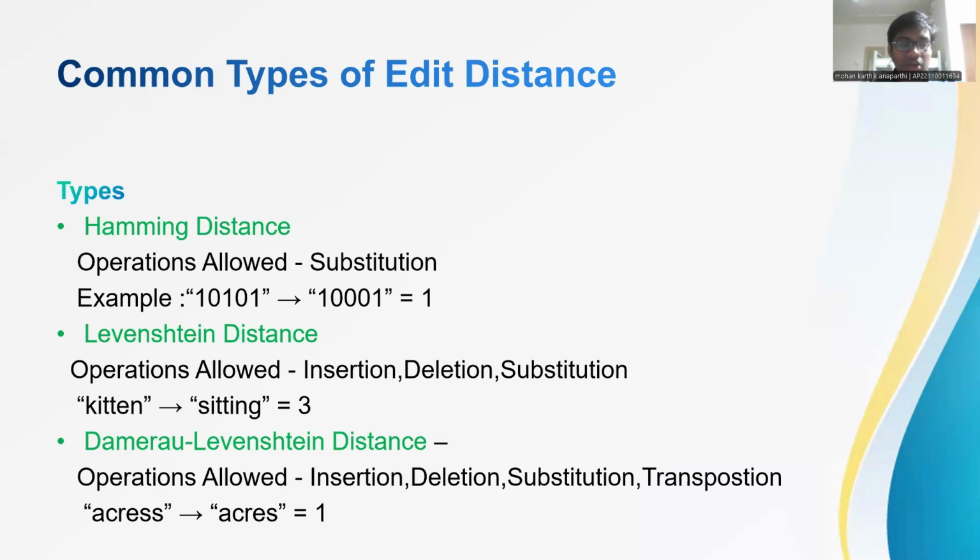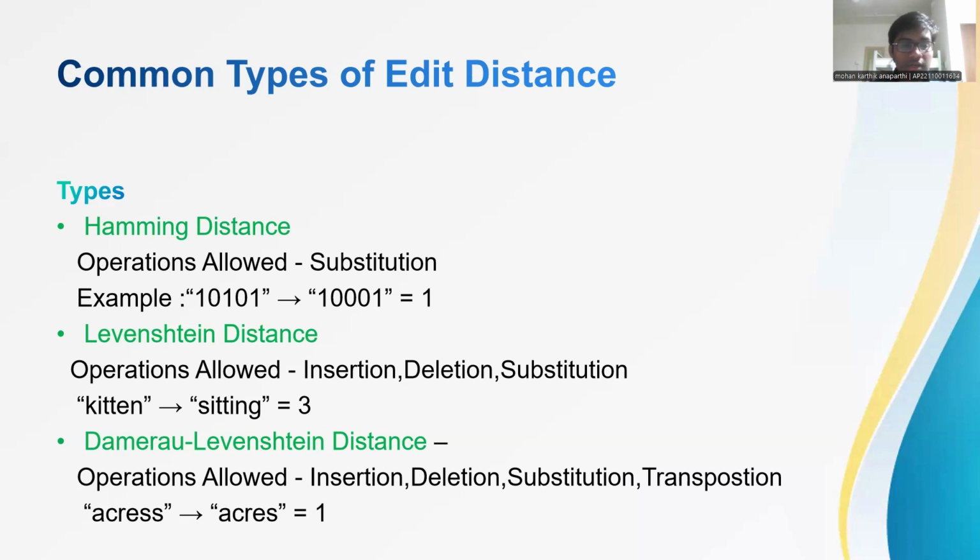Levenshtein distance: the operations allowed are insertion, deletion, substitution. Here, kitten: we have replaced K with S, one operation, and we have replaced E with I, another operation, and we have inserted a character Z, that means another operation. So here the number of operations is 3, so the edit distance becomes 3.